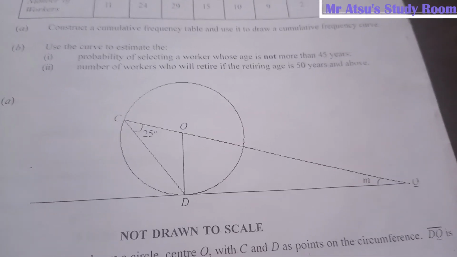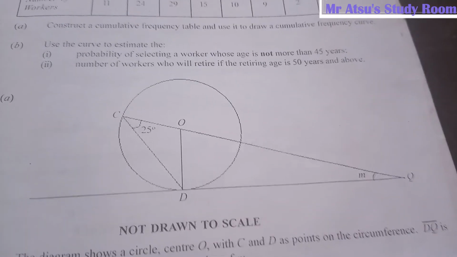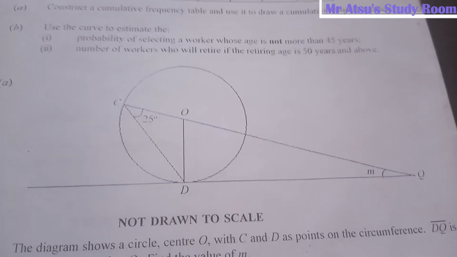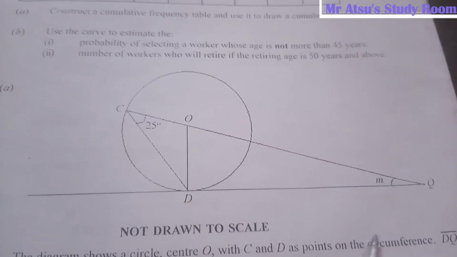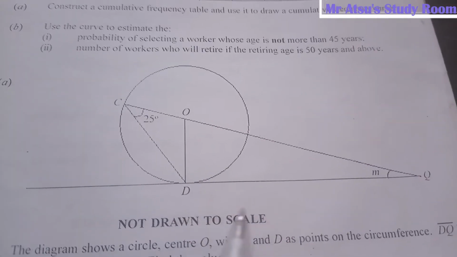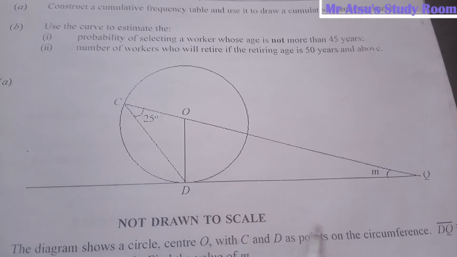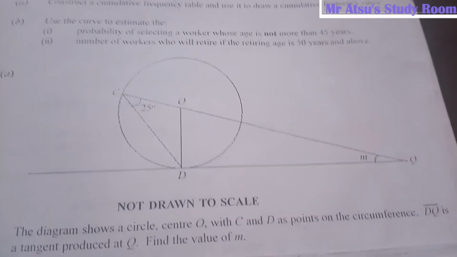Alright, then now we can take triangle QOD. Taking triangle QOD, angle QOD plus ODQ plus DQO should give us 180 degrees. So let me write that quickly.